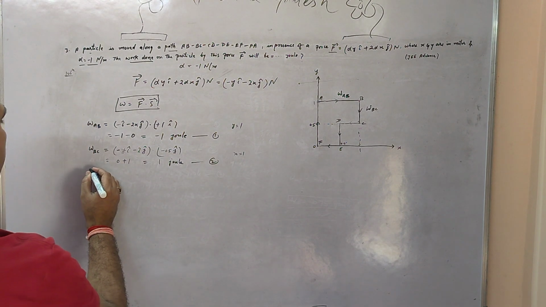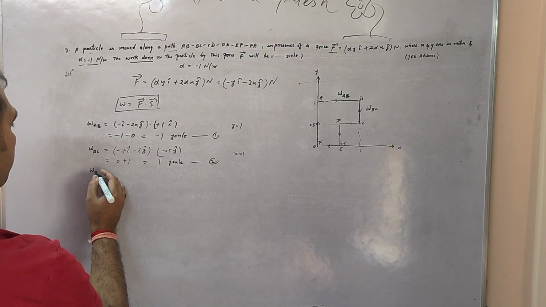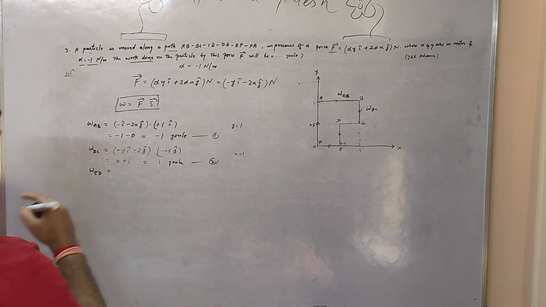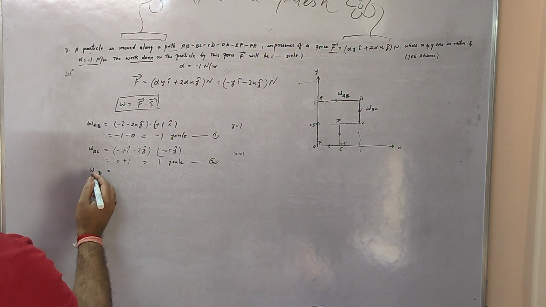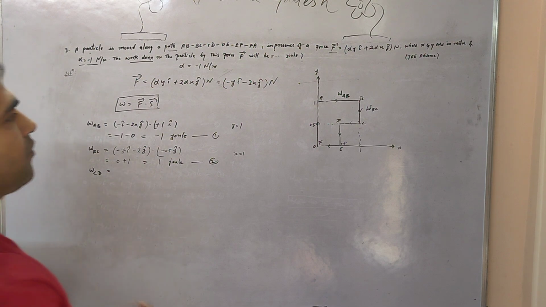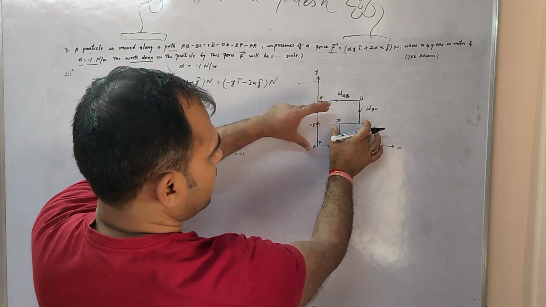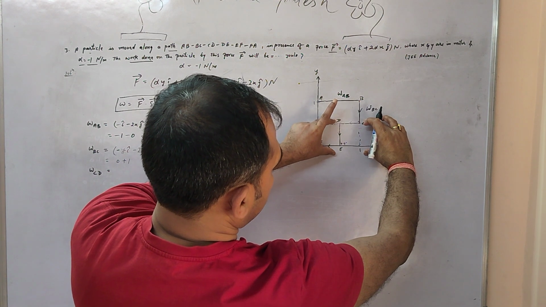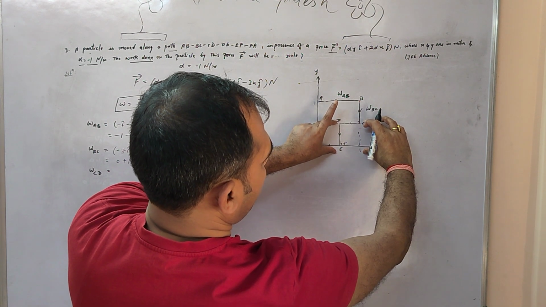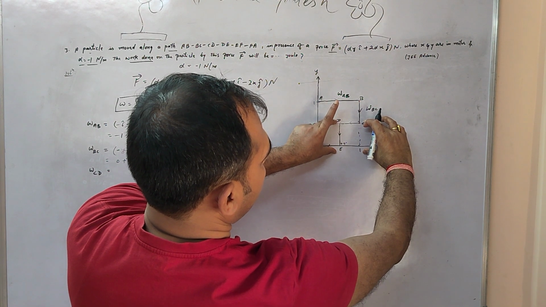Now we will find work done from C to D. W CD. Work done from C to D. So what is constant here? You know, this value of y, that is 0.5.